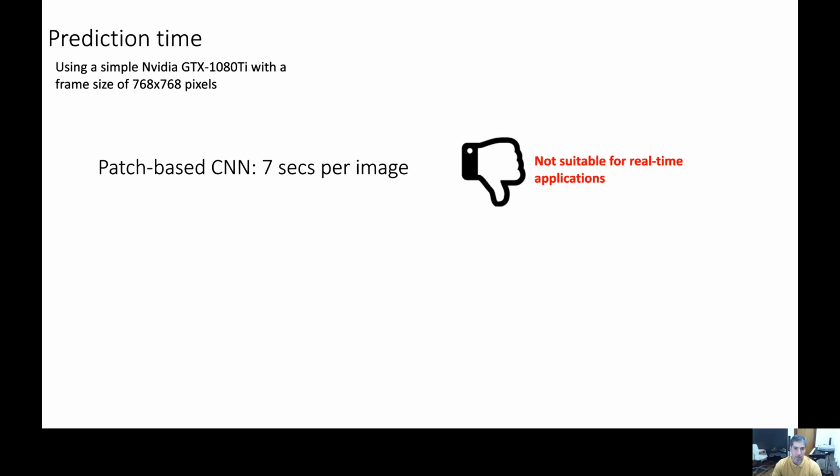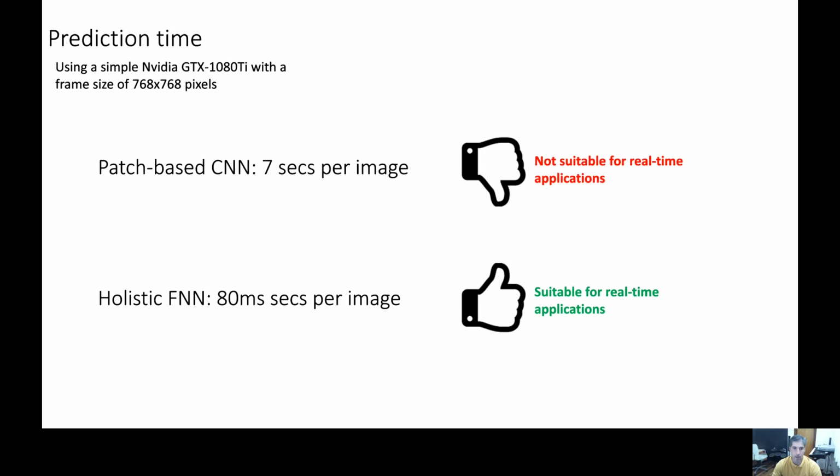The average prediction time of our PET-based CNN using a simple NVIDIA GPU with a frame size of 768 by 768 pixels is 7 seconds per image, which is indeed not suitable for real-time applications. However, our UNet prediction time is 8 milliseconds per frame for the same setup. In other words, 12.5 images are processed per second without using parallel processing.